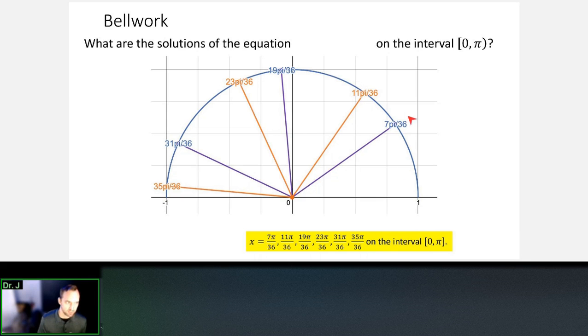So we know the answer is 7 pi over 36, correct? That's one of the solutions. Now, looking at the unit circle, I'm trying to push you in the right direction. We don't have 7 pi over 36, so let's look at a basic one. Let's look at pi over 6.